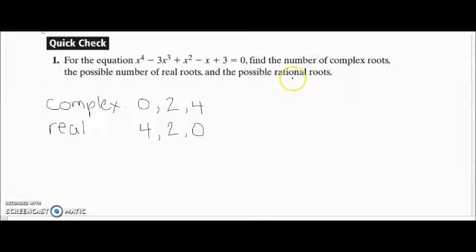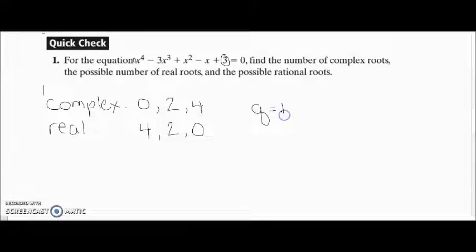And let's figure out what the possible rational roots are. For that, we need this coefficient here, and we need this coefficient here. And we're going to look at what the possible multiples or the things that we could use to multiply to get those two numbers. So this number right here, we're going to call Q. Okay?